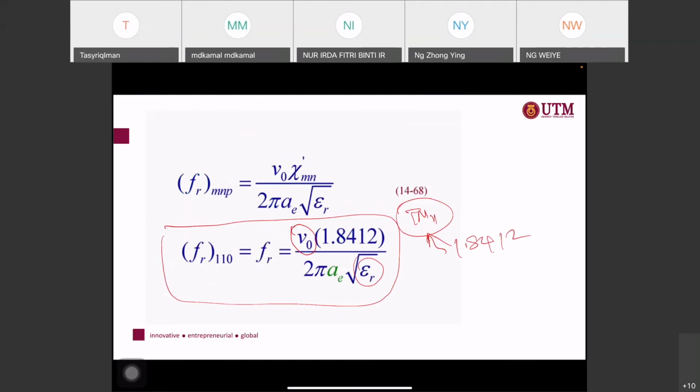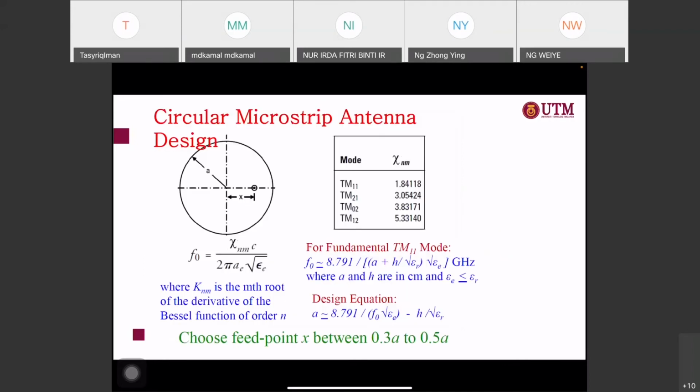Epsilon r is the effective, and A e is the effective radius due to the value of the fringing fields. V naught is your free space velocity here. Okay, so you can use this equation to determine the resonant frequency that can be used. How do you design?